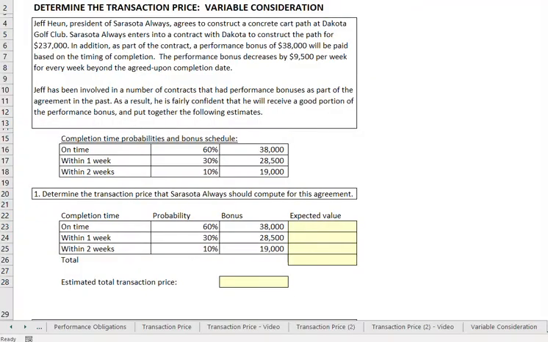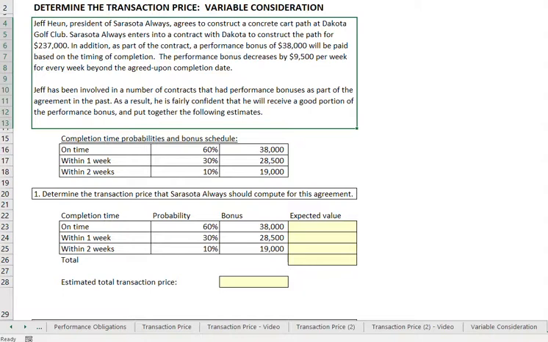In this problem, we're going to take a look at a simple example involving the estimation of a variable consideration in terms of trying to determine a transaction price. We're told that Jeff Hoon, the president of Sarasota Always, agrees to construct a concrete cart path for Dakota Golf Club.